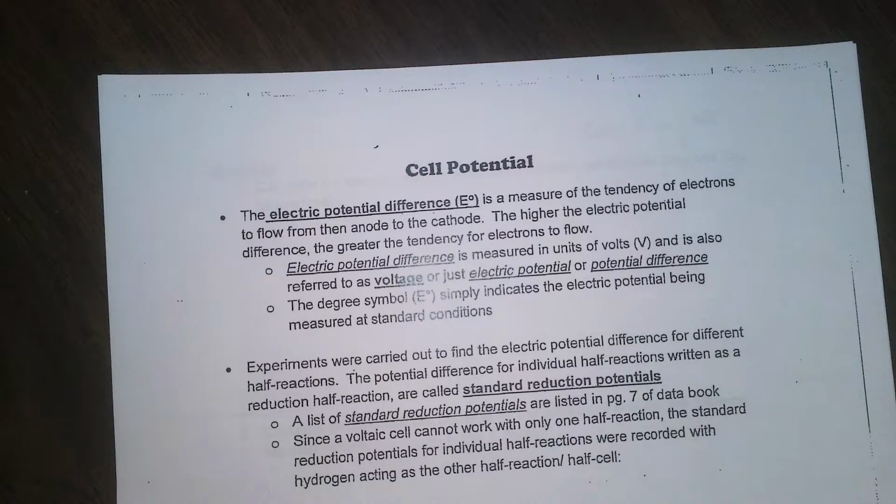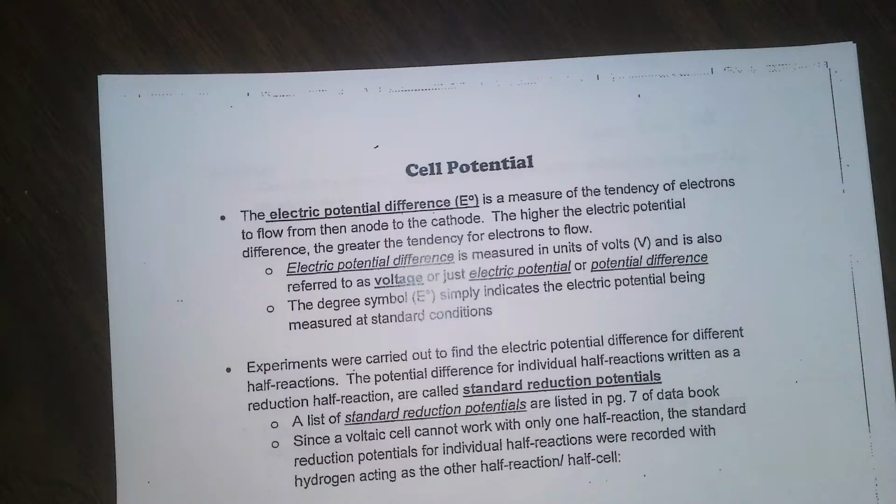The E naught symbol, E with the little 0 up at the top, indicates the electric potential being measured at standard conditions. Just like when we did gas laws and we had SATP, standard atmospheric temperature and pressure, versus STP, standard temperature and pressure, one was at 0 degrees and the other was at 25 degrees.